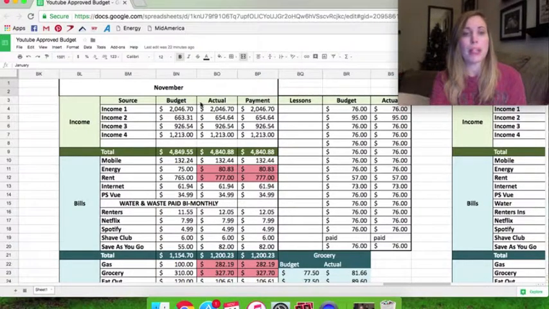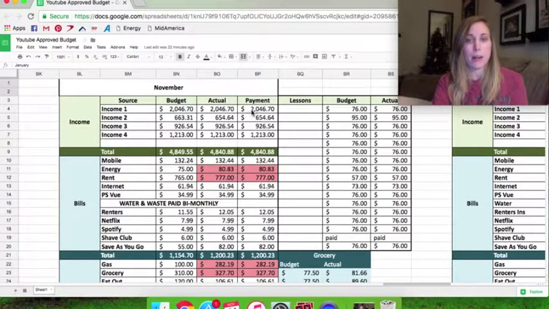Looking right here, income number 1 was budgeted for $2,046.70. That was the actual payment that came through and is listed right here. Income number 2 is my husband's pay that he receives from his university, and you can see right here we budgeted $663.31.